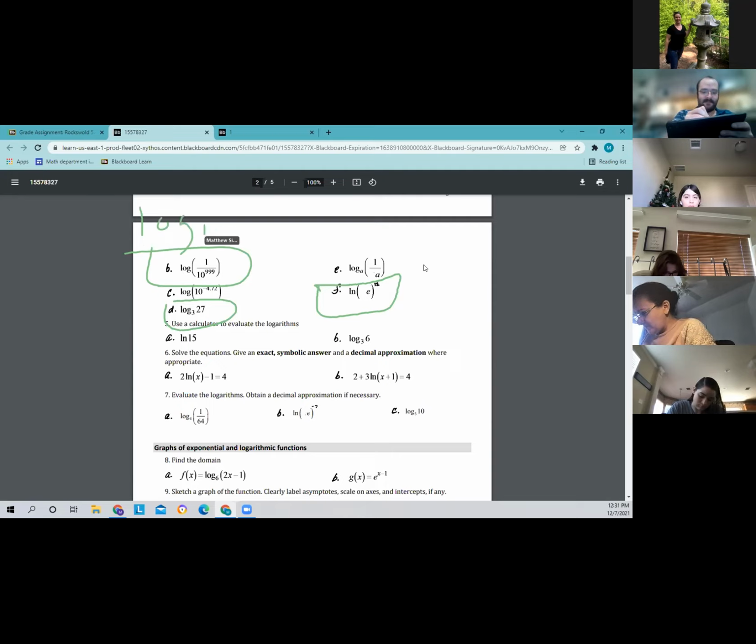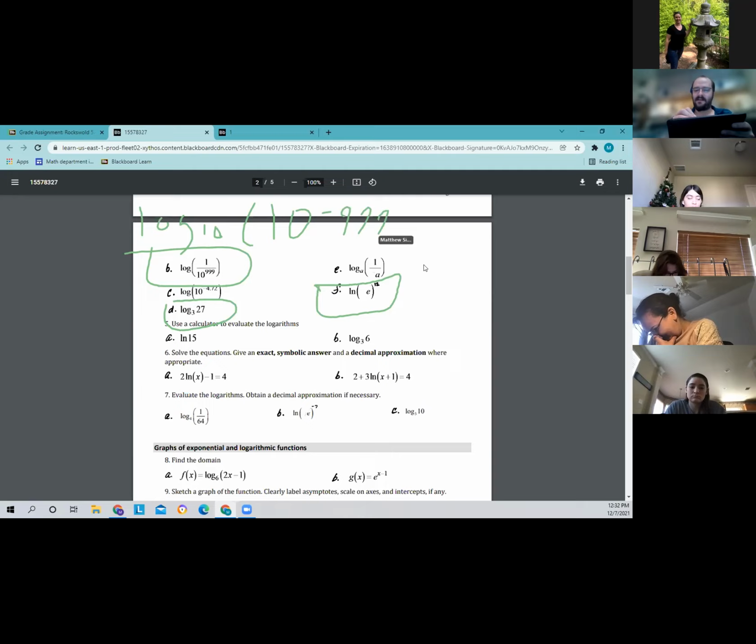So if I were to write it with just base 10, not 1 over, like 10 to the power of 999, what would I put on that 999 to fix it? Negative, right? And if I'm going to flip it, yes.